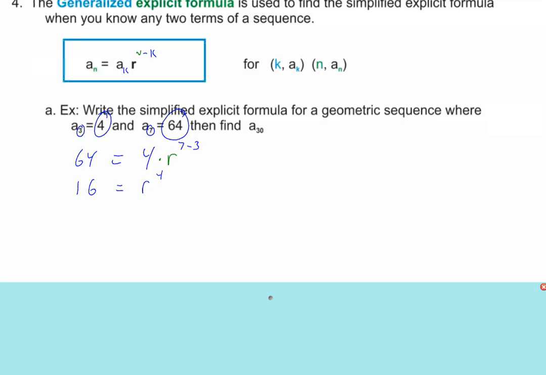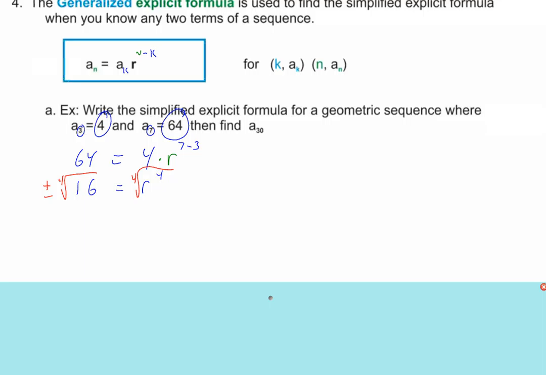And at this point, what would you do? Take the 4th root of both sides. Do we need to deal with anything else when taking the 4th root? Plus minus. Is it always plus minus? Well, it is for a square root, and it is for a 4th root, and it is for a 6th root, and it is for an 8th root.